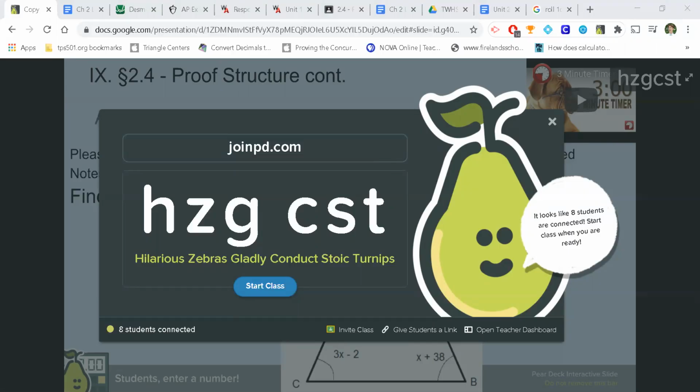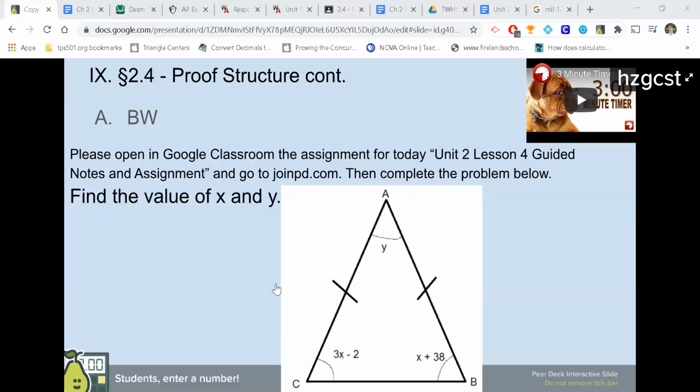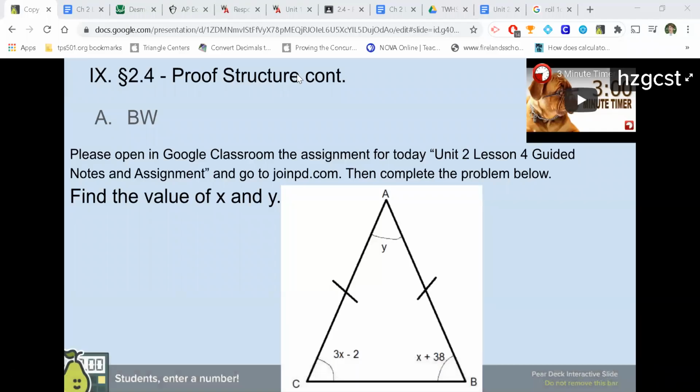HZGCST. All right. For this one, you need to find the value of x and y given that this is an isosceles triangle. So you should have from your notes on last Thursday's class the isosceles triangle theorem. You're going to have to use that to solve this for x.